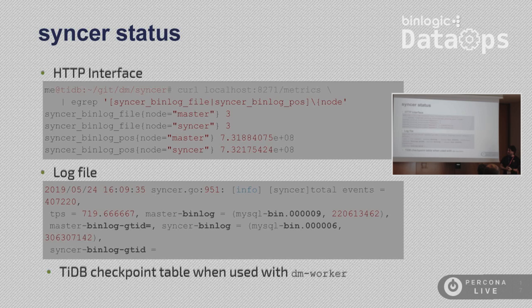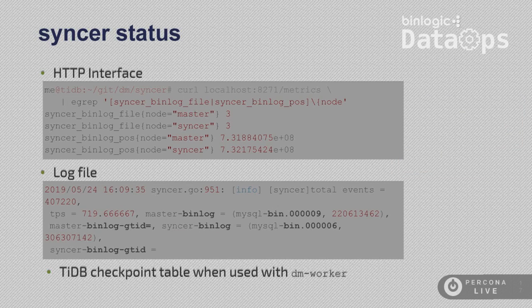Syncer exposes an interface to check the status, but it also has an error log, so you can monitor how Syncer is working. If replication is having problems with lag or with errors in the replication stream, you can monitor that. And there is also a checkpoint table that is exposed when you use the DM worker, which I will talk about later in this presentation.